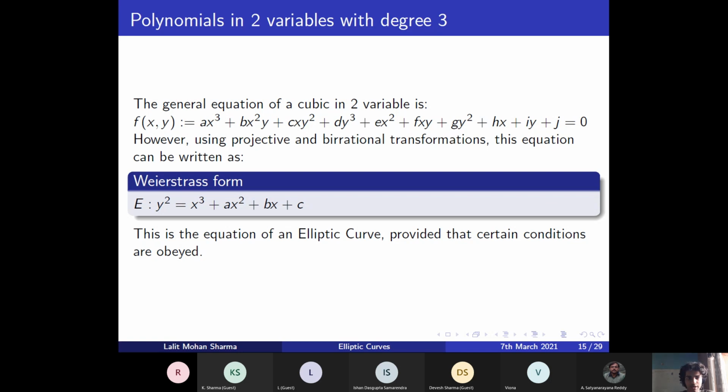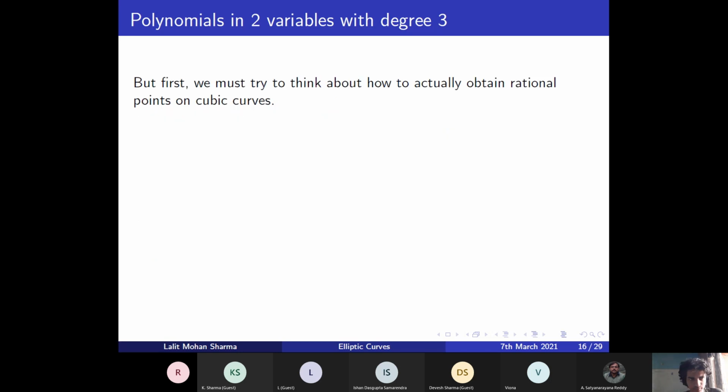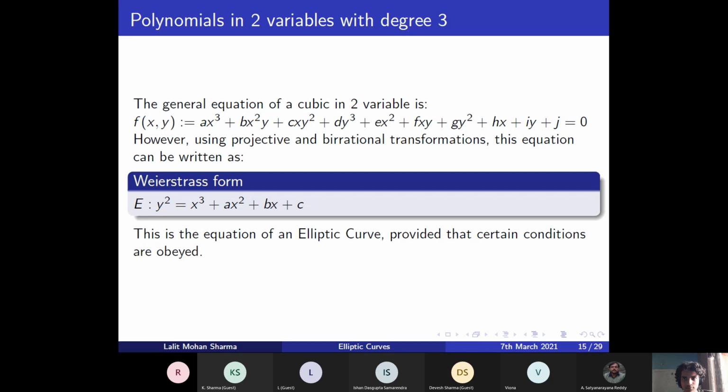So suppose you had one rational point. Can you say that the other two intersection points of the line with the cubic would also be rational? Either they both are rational, I think, or none. Yes, that is correct.